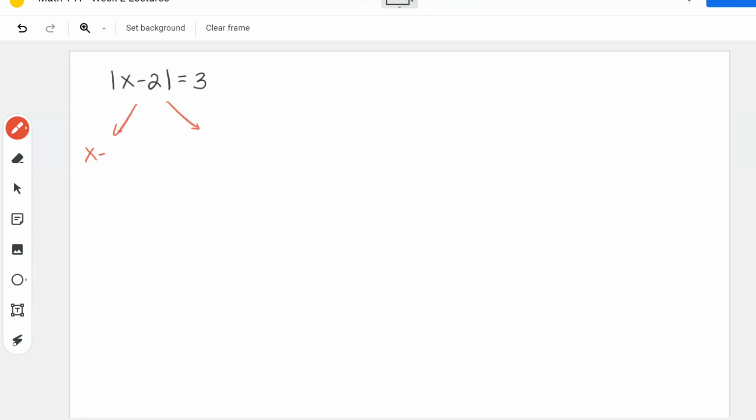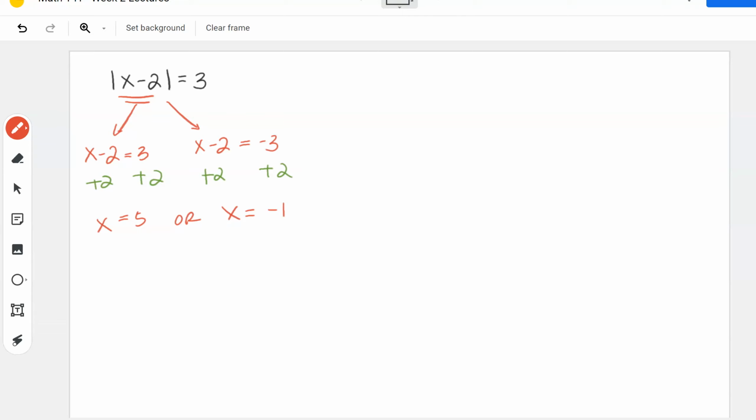So either x minus 2 is equal to 3, if we look at the inside, or that inside piece is equal to negative 3, right? Because if we got a negative 3 as the argument in the absolute value function, it would give us 3. If we got a positive 3, it would give us 3. And then we'd solve both of these equations separately. And we would say that x is either equal to 5 or x is equal to negative 1.